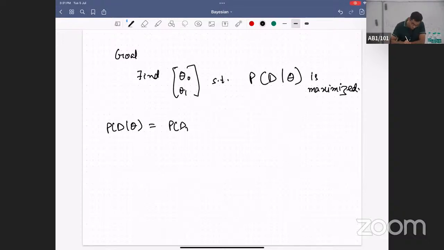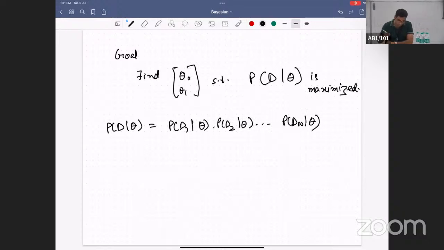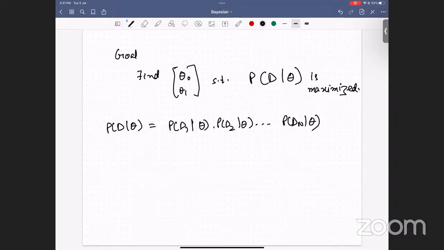Can we write it this way? Can we write the likelihood in this particular fashion? Yes. Why can we write it this way? It's IID, right? IID assumption.